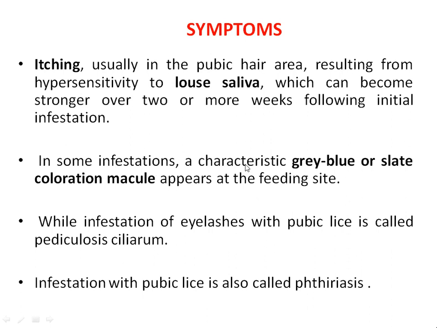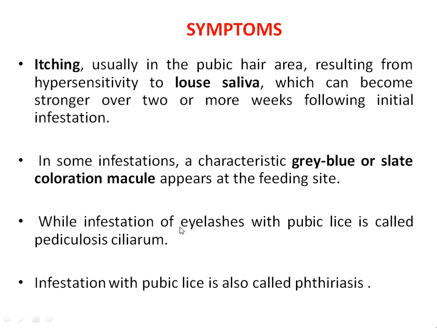In some infestations, characteristic grey, blue, or slate-colored macules appear. Bubble-like structures appear at the feeding site, where you can come across severe itching and rashes. That is due to the saliva passed by the lice.